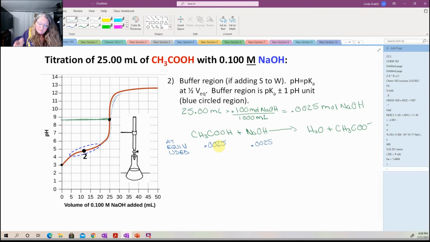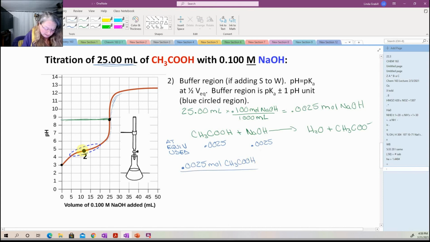And I know the volume of those moles because I was given that, and I would measure that in lab. I'd be like 25 mLs. So I can figure out what my initial concentration is. So from here, I can say that I started with 0.0025 moles of my acetic acid, and those moles were initially in this 25 milliliters.